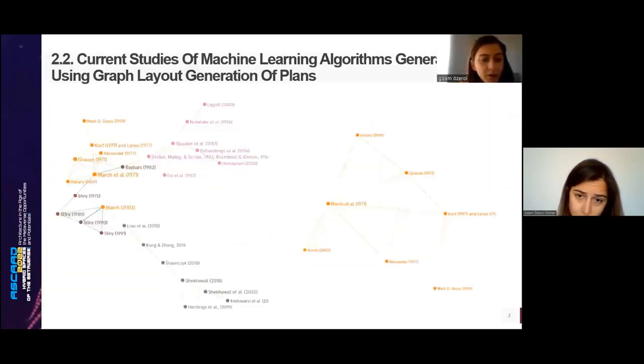And according to the explanation of the graph theory, we can start with Harary in 1969, who used and created a matrix system that was connected with the graph layout systems.